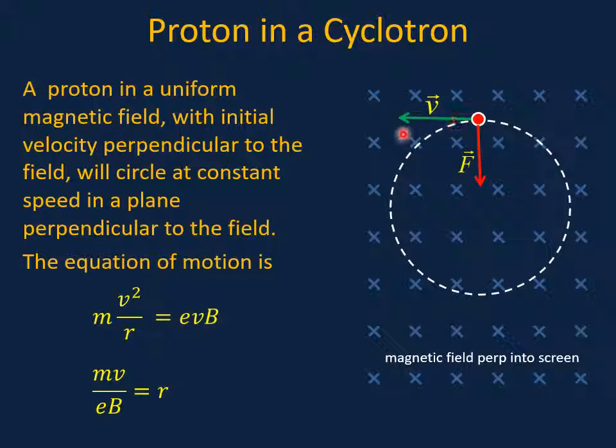So its radius will be larger. That's what this equation suggests. If the particle had a larger mass, of course it has more inertia, and it will take up an orbit with a much larger radius. On the contrary, if the magnetic field is very large, the radius has to be smaller because the effect of the field is larger. So the magnetic field comes in the denominator.